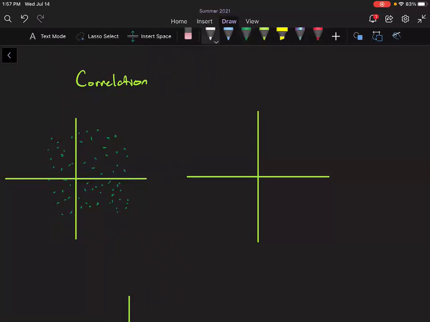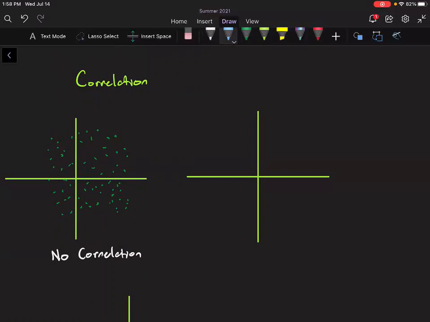All right, so think about what you know about correlation and determine what's the correlation of this scatter plot I just drew. This one's actually no correlation. So it's correlated when you can predict one value given another.